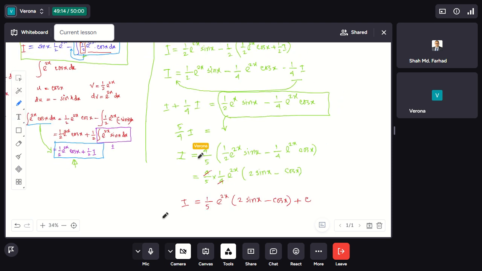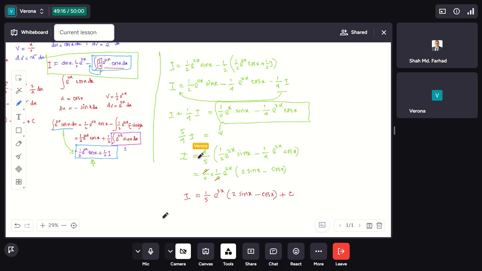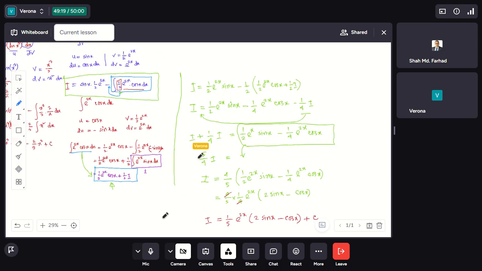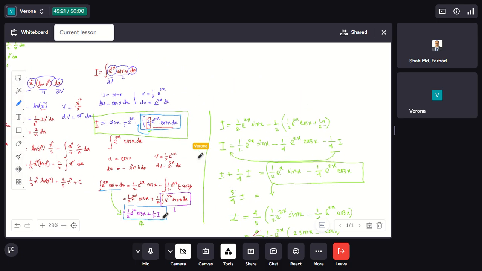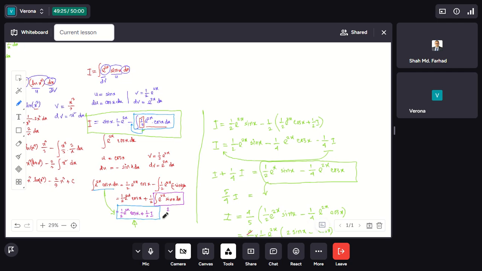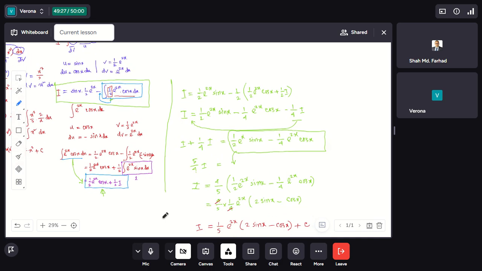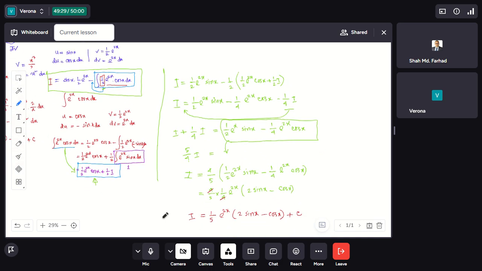The calculation is too long. And this is a question of paper 3, and also paper 2 part B.